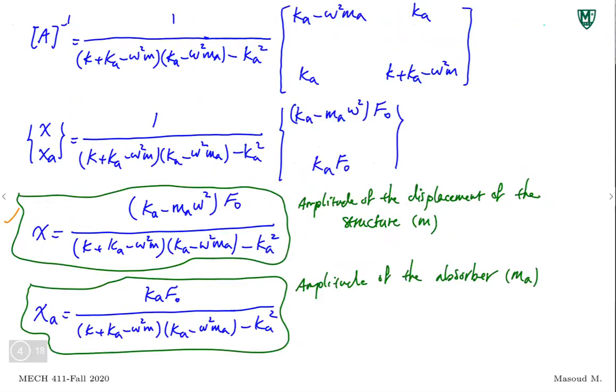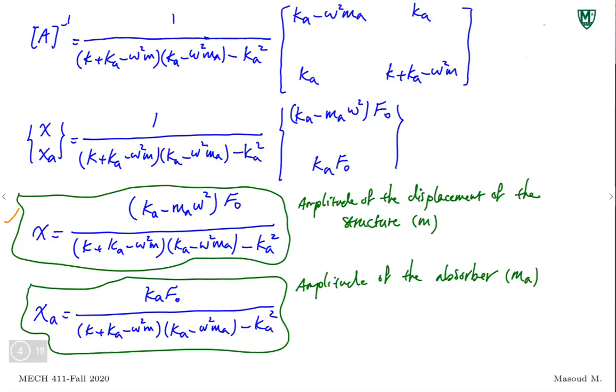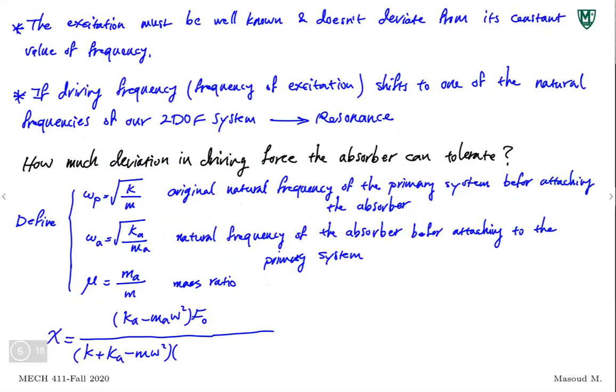The denominator was (k plus Ka minus m omega squared) multiplied by (Ka minus ma omega squared), minus Ka squared.